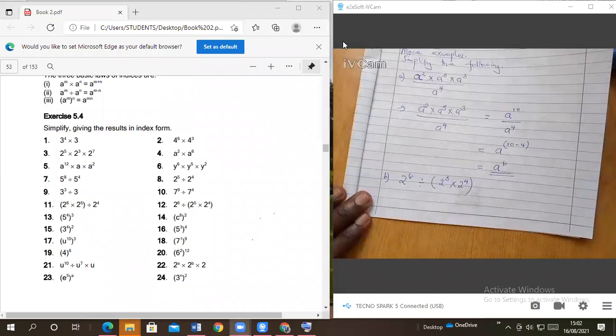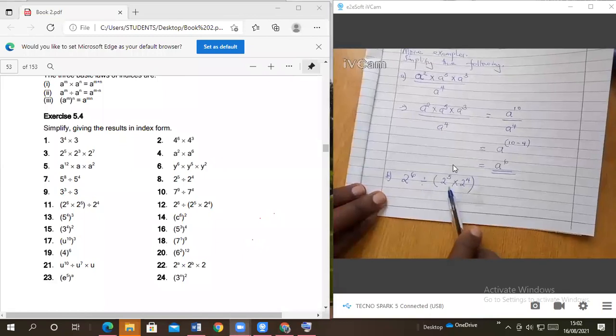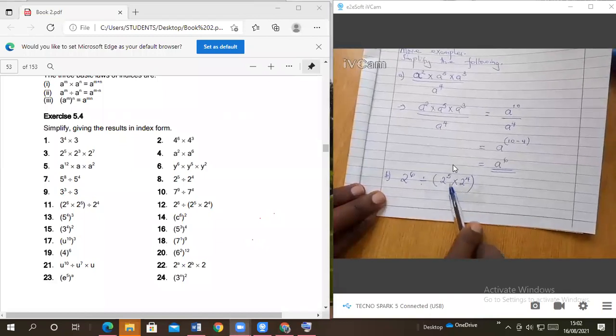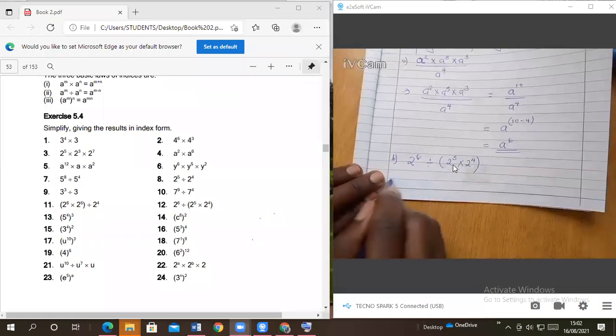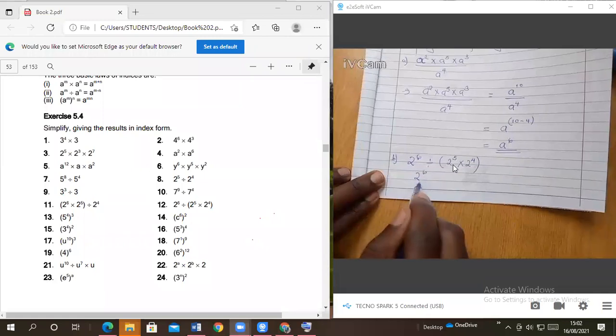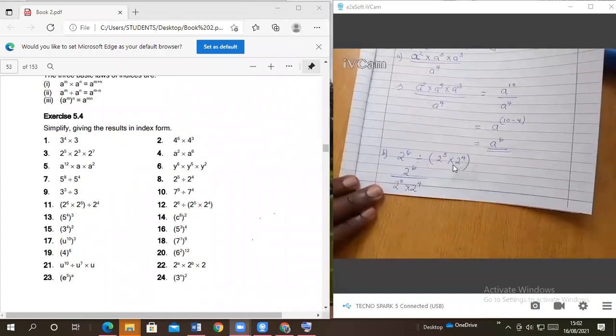This is the same as writing 2 to the power 6 over 2 to the power 5 times 2 to the power 4. We can write it like that.